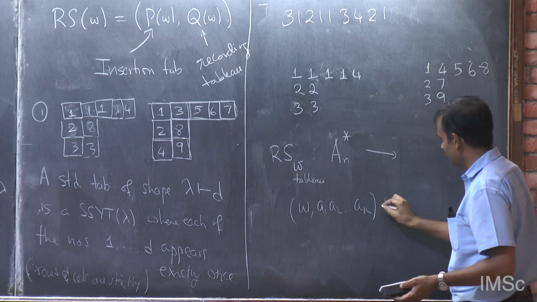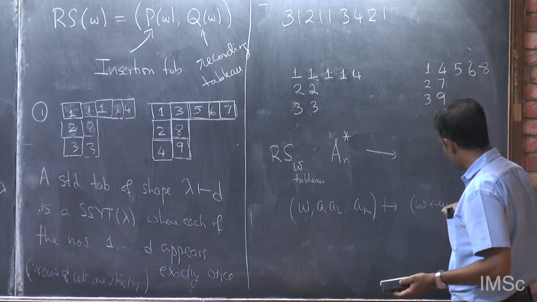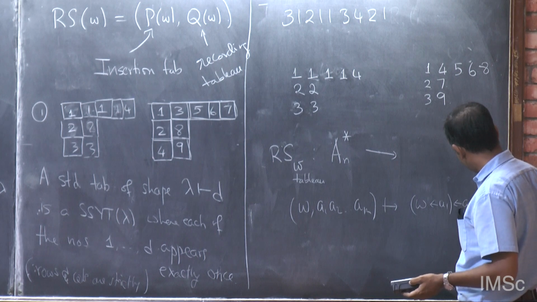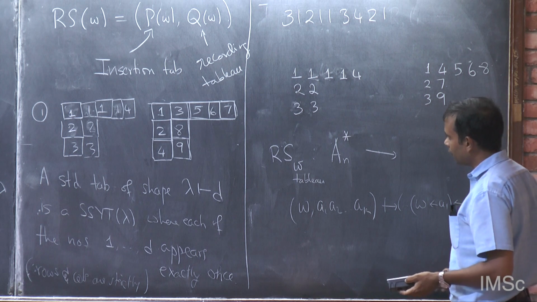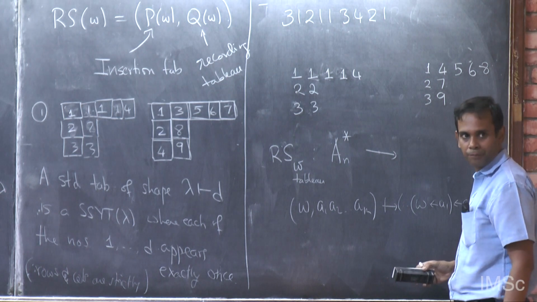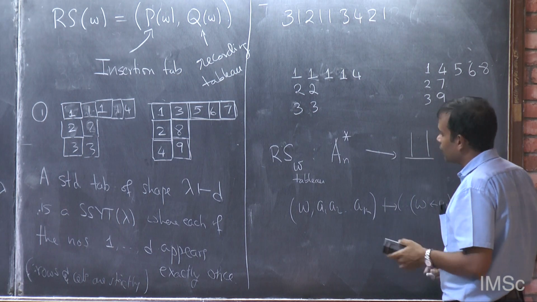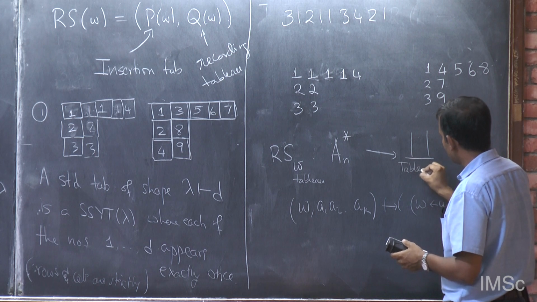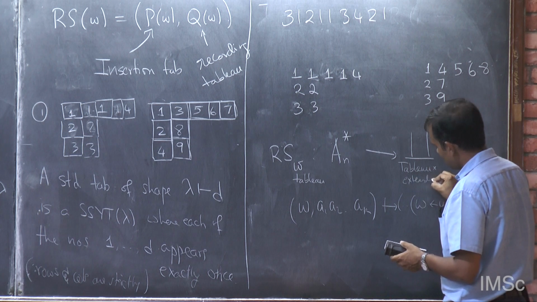This is what you are suggesting, right? Insert A1, then insert A2 and so on. And of course, you will get tableau which extend this one, W.